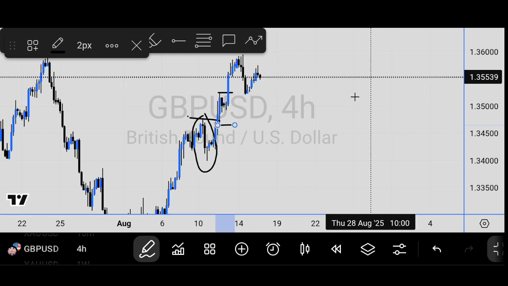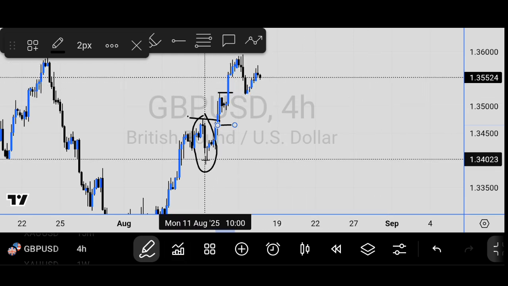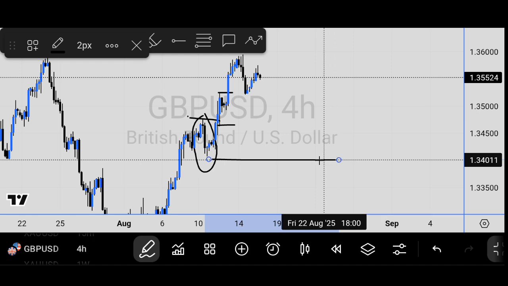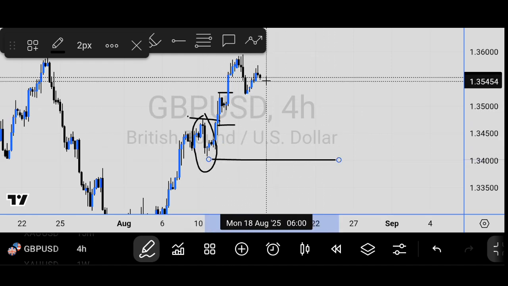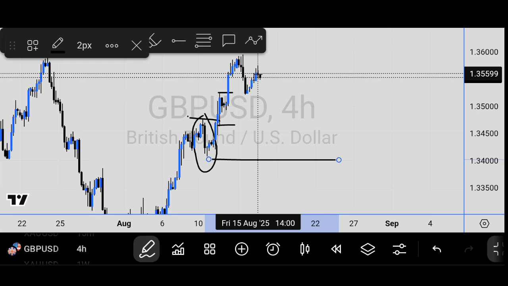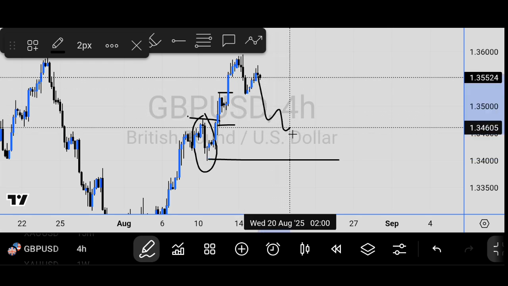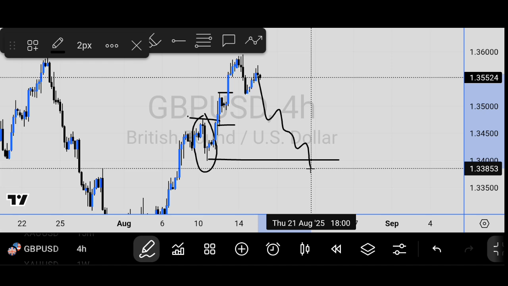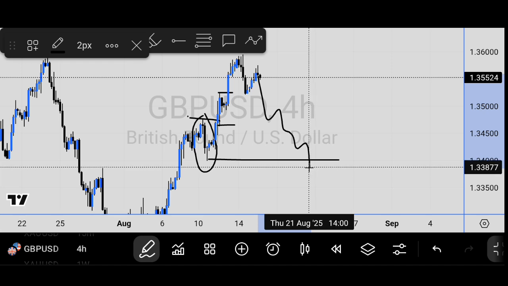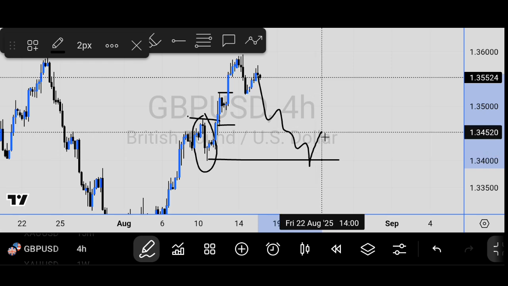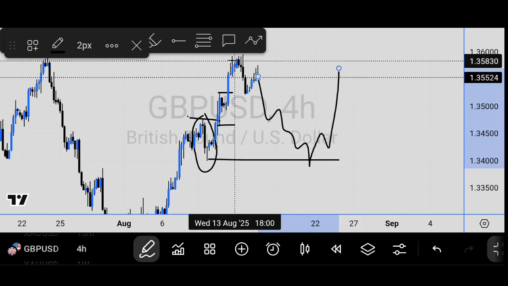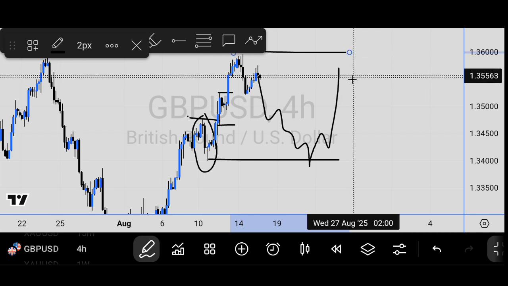So the only zone the market can come to is this change of character zone right here. What I'm looking at based on my experience is, if price comes down to this zone, it can either break, or if it does not break, it can give us a fake out, and then we can look for buys back to this zone right here.